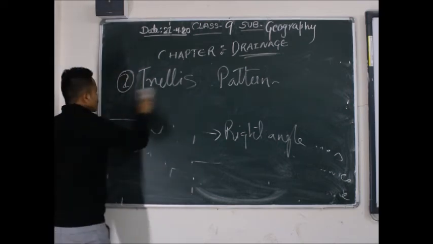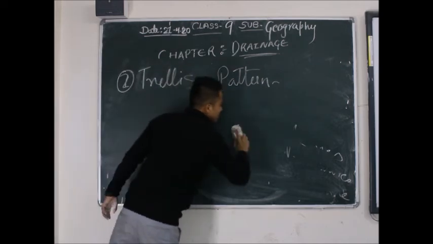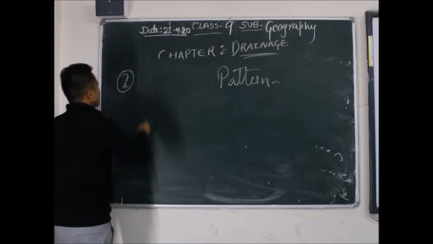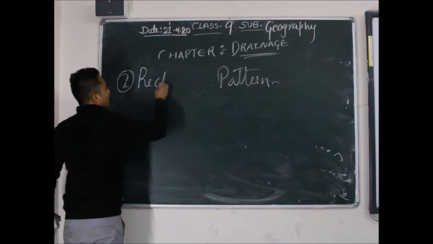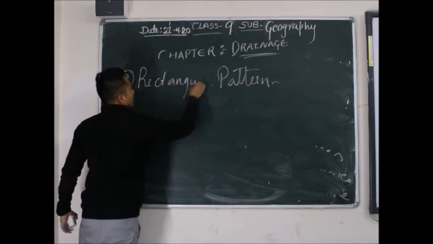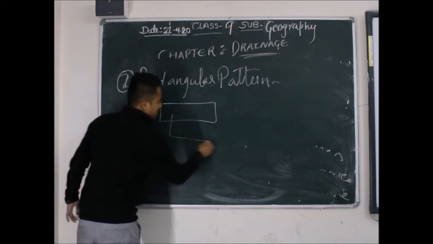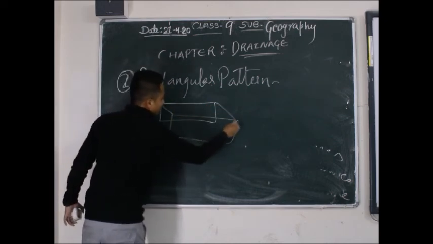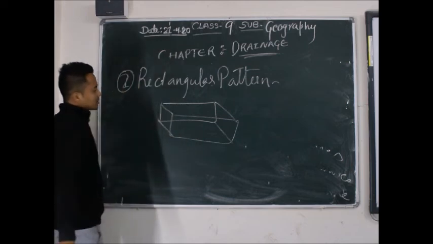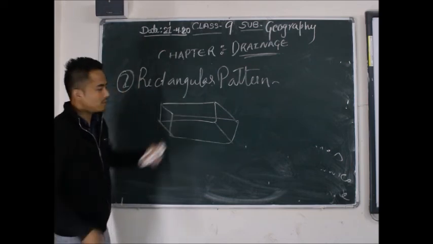Understood? Now let's come to the second last pattern, which is rectangular pattern. I hope you all know the shape of a rectangle. It's like this, right? You have to look at this in a tree. The upper part is the rectangular.